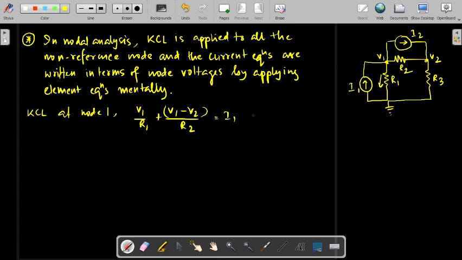If I rearrange all these things, then it will be 1 by R1 plus 1 by R2, times V1, minus 1 by R2 times V2, equal to I1. Okay.